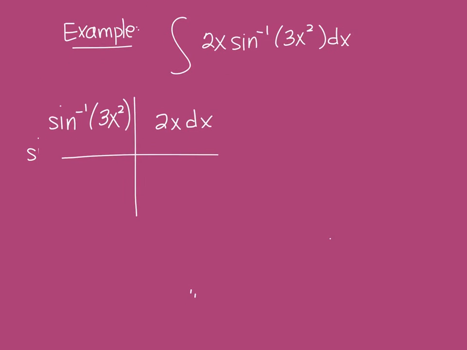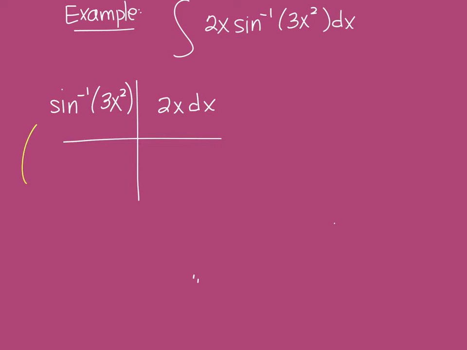Okay, now we're ready to do our differential here. So we have to make sure we haven't forgotten how to do inverse sine. It's going to be 1 over a square root of 1 minus the actual value, which was 3x squared, squared.